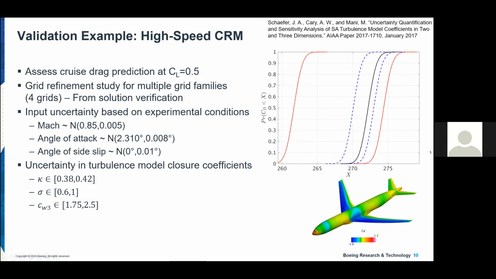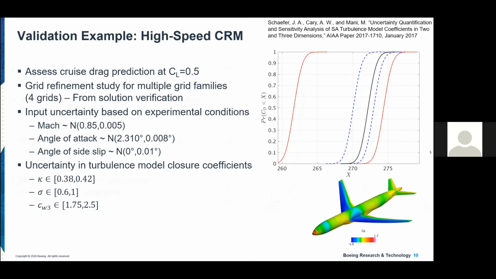It starts to say that maybe when we allow for that, we could go as low as 267 or as high as maybe 273, based on our uncertainty associated with the turbulence model. And then once we finally add on our uncertainty due to this particular level of grid resolution, we see that it gives us a much broader range of uncertainty, possibly as low as 260 and possibly as high as somewhere around 276 or 277, depending on how you interpret the P-box.